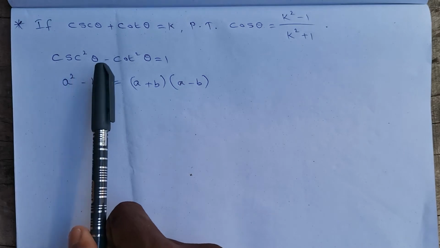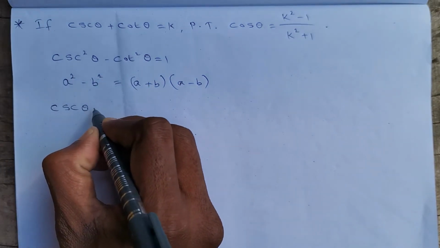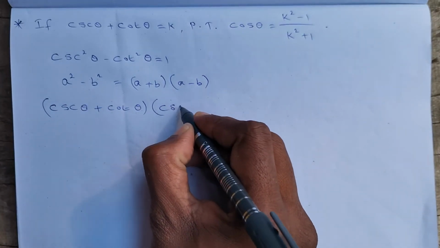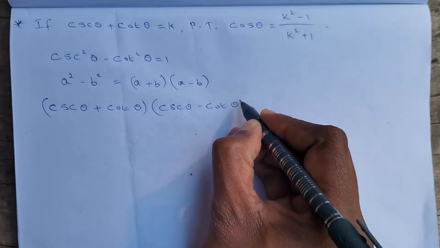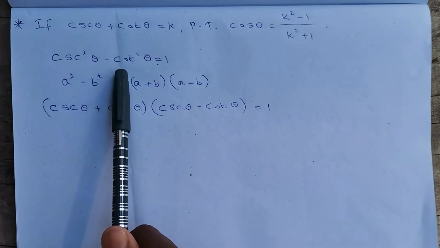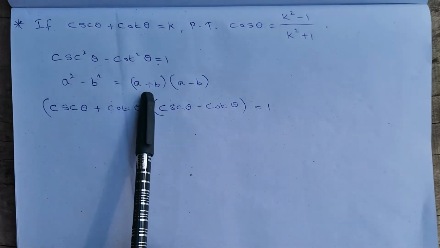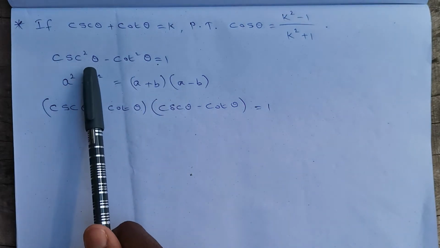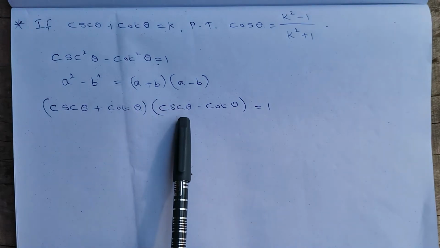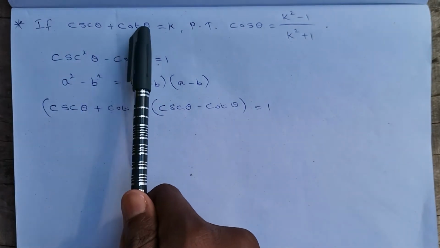So cosecant square theta minus cot square theta can be written as (cosecant theta plus cot theta) into (cosecant theta minus cot theta) equals 1. In the question, he gave the value of cosecant theta plus cot theta as k.